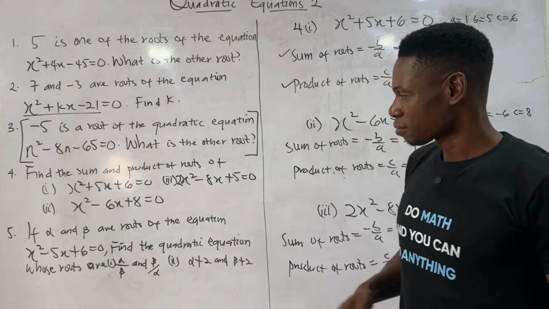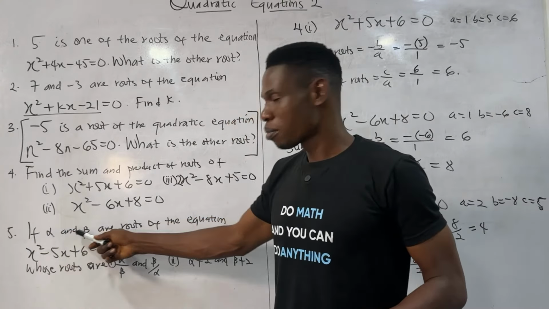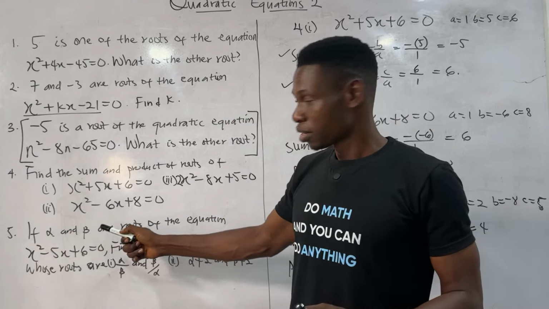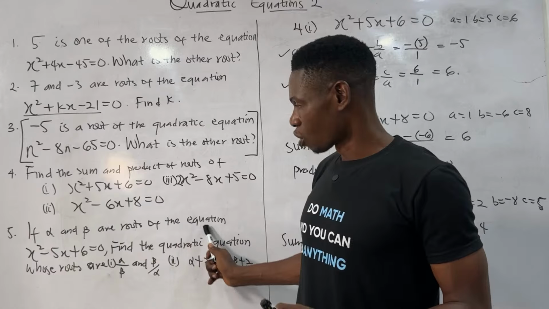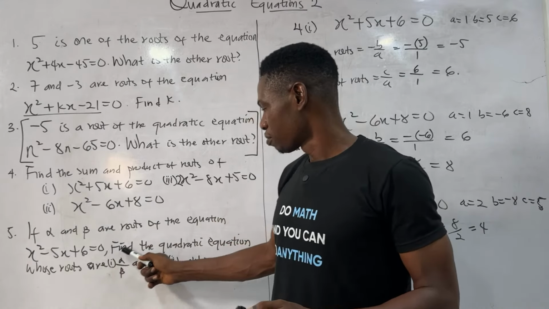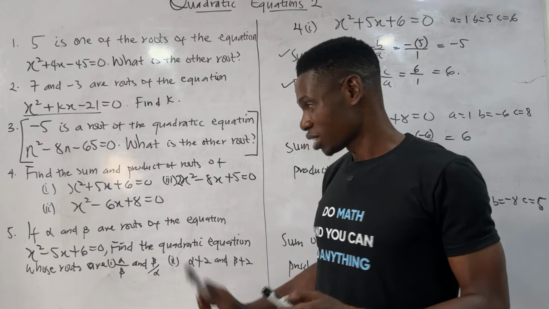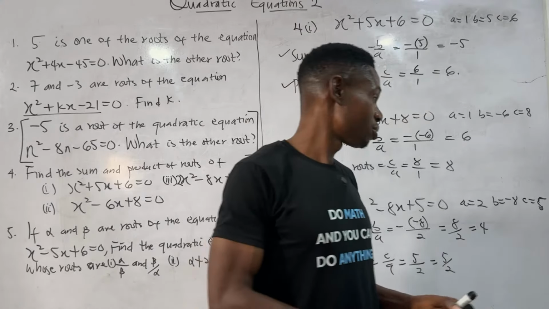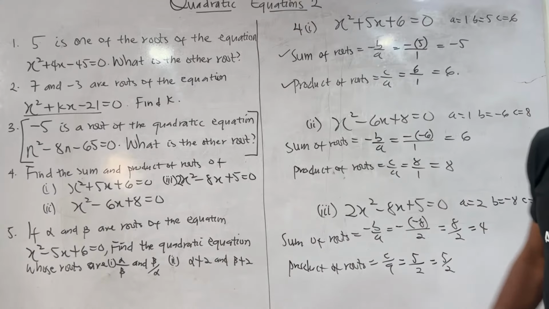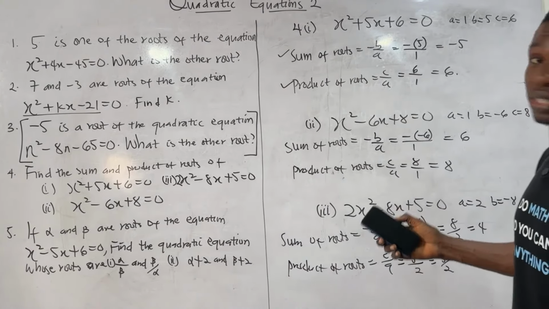So it says if alpha and beta are the roots of the equation, find the quadratic equation whose roots are... and I think I'll add my own numbers to it. So let me rub this quickly and then we proceed.